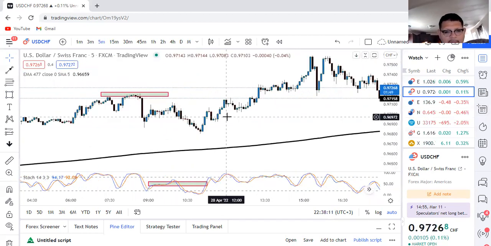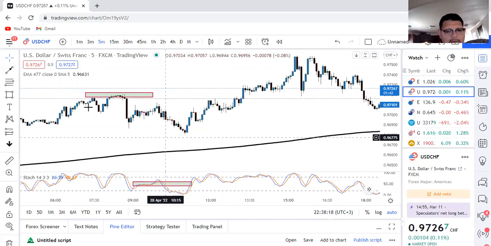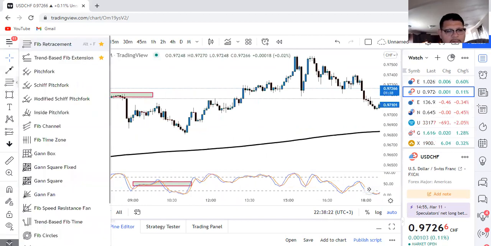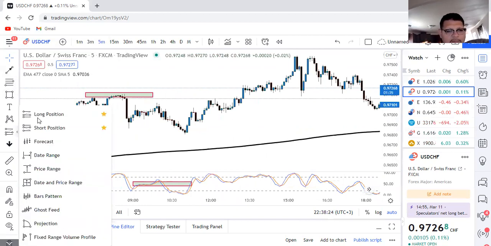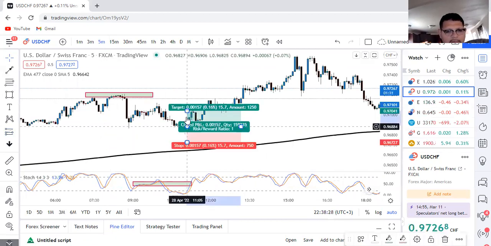Okay, 5-minute time frame here. We can see that we are oversold on this. Here we can take it, and we're gonna target the high. So we take it here.